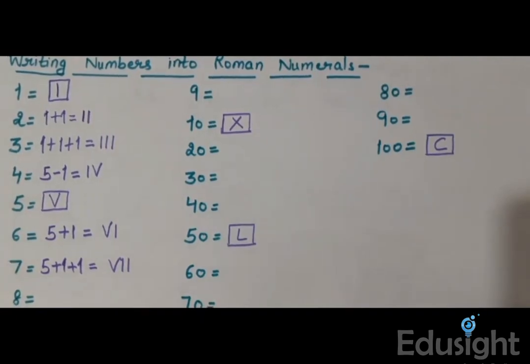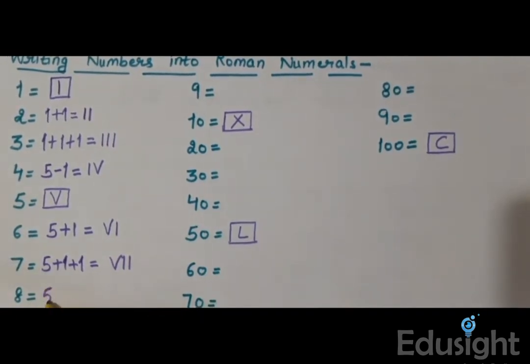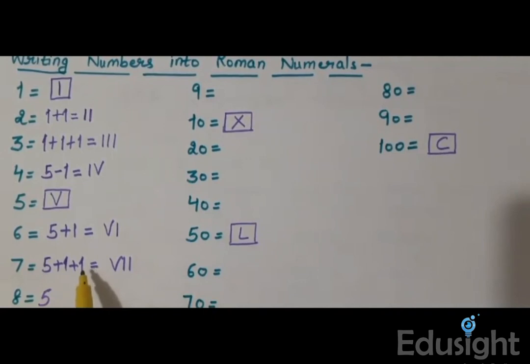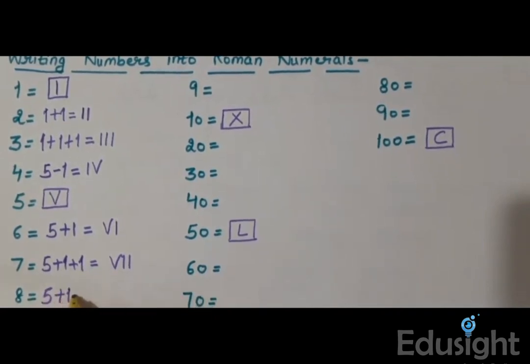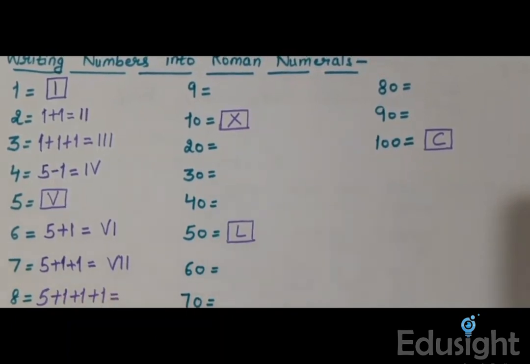Next is 8. 1 can be repeated one more time, right? So we will write 5 plus 1 plus 1 plus 1, which becomes 8. Now 1 is repeated 3 times, so we will repeat the symbol for 1 3 times on the right hand side of symbol for 5. So VIII.